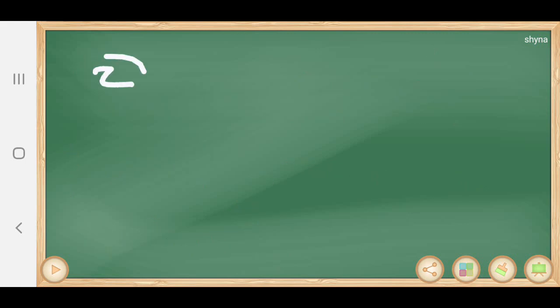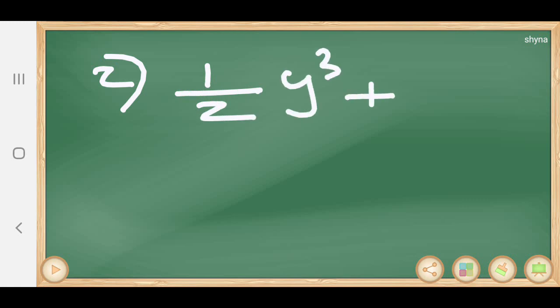Next, second example: 1 by 2 y cube plus 6y. Below that, coefficient of 1 by 2 y cube equal to 1 by 2.